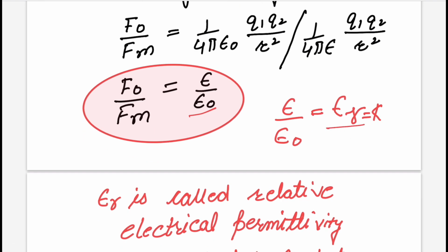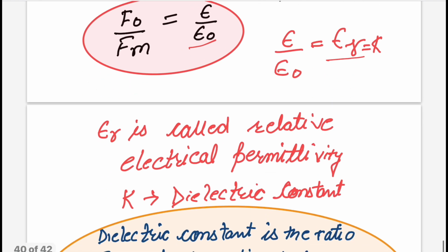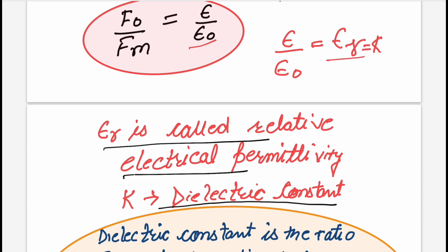This ratio is called dielectric constant, that is K, and ER. ER represents the relative electrical permittivity, and K is called dielectric constant, right? So dielectric constant or the relative electric permittivity is the ratio of the force when the charges are placed in vacuum to the force when both those charges are placed in some medium, right?